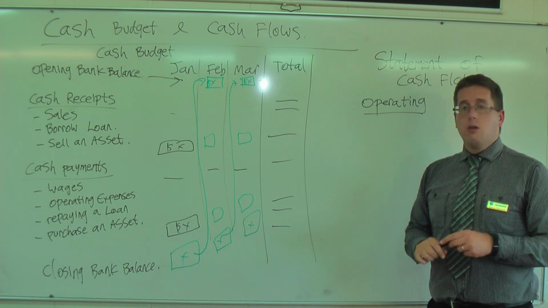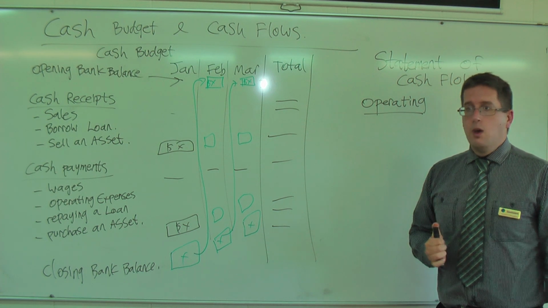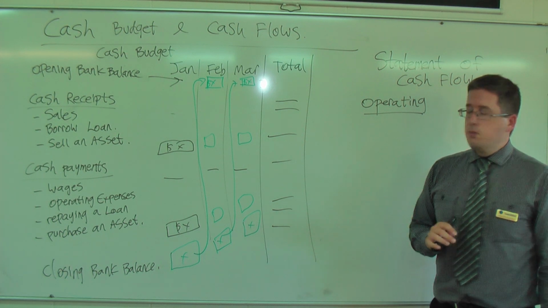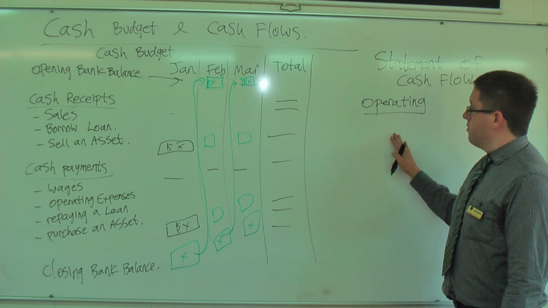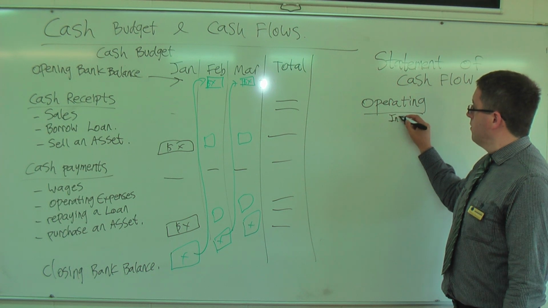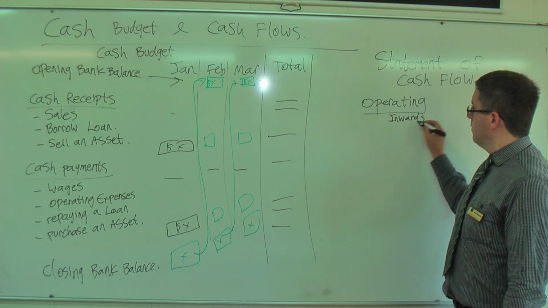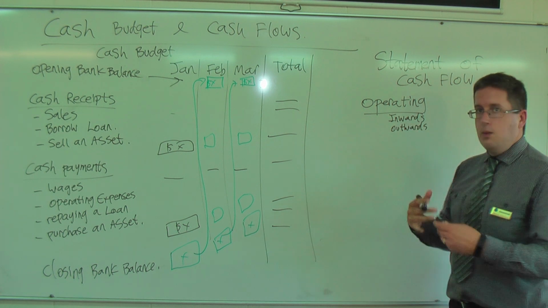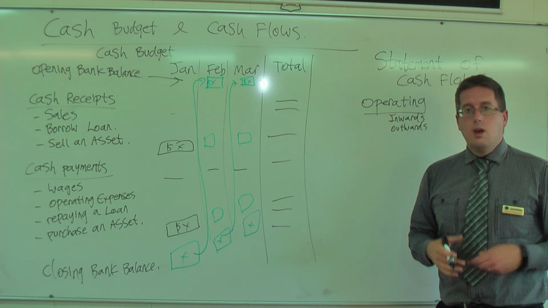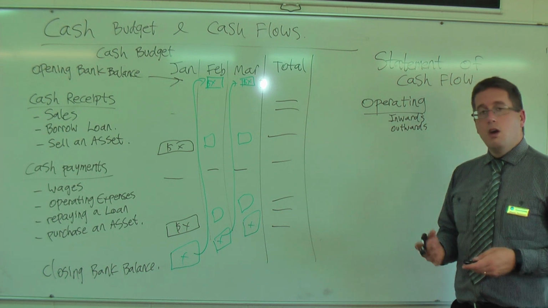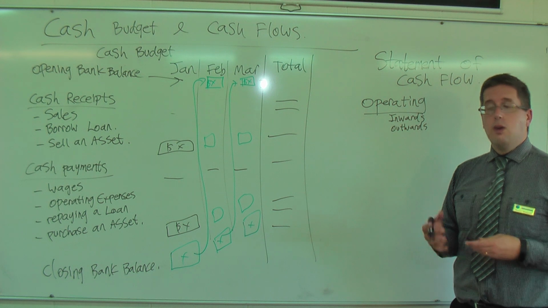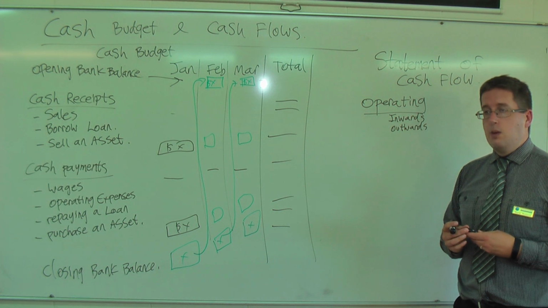Operating, just think day-to-day operations. These are our normal revenue, normal expense items. And we're going to list out what comes in and what went out within that category. It can be quite helpful because we can see on a day-to-day basis, are we actually getting more cash in?